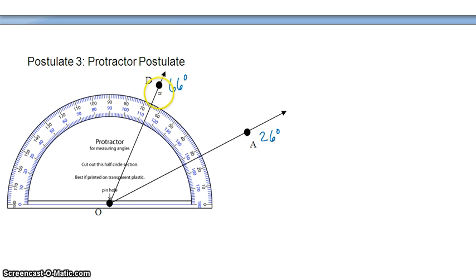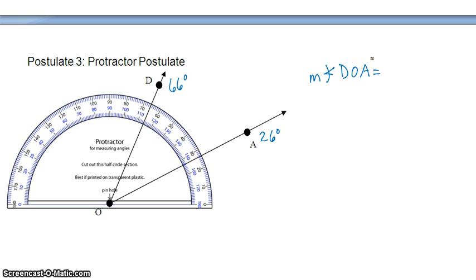To find the measure of angle DOA, I'm going to use the notation for measure, the notation for an angle, and then I'm going to name this angle with 3 letters, DOA. Again, O is that vertex.